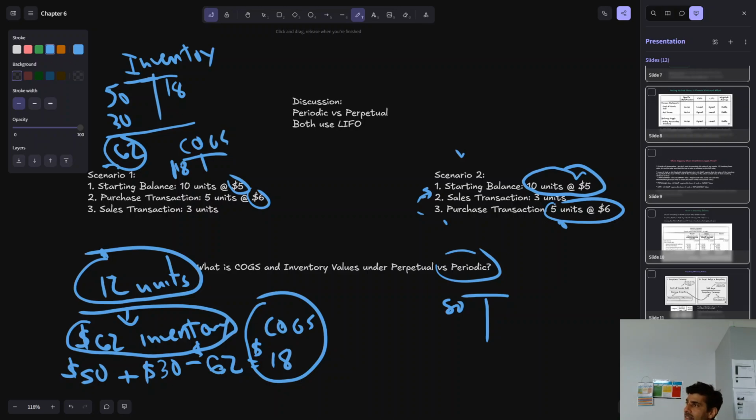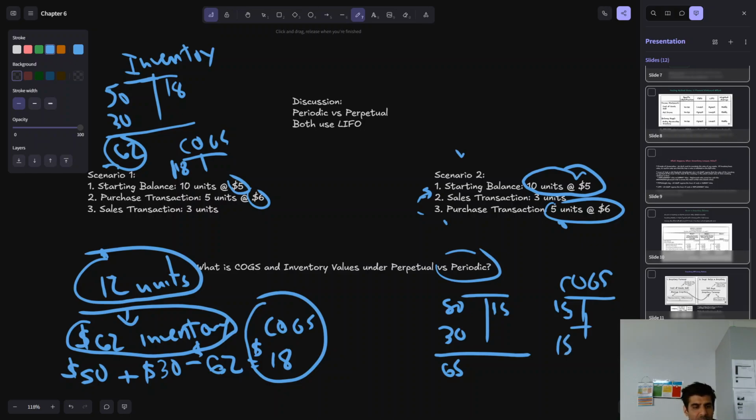We have to look at just that time of the sale, what was in our inventory. So it's just these $5 units. So these 3 units, it's going to be cost of goods sold 15, debit 15 here, and then we buy these $30 units. So 80 minus 15, this is 65. Cost of goods sold is 15.